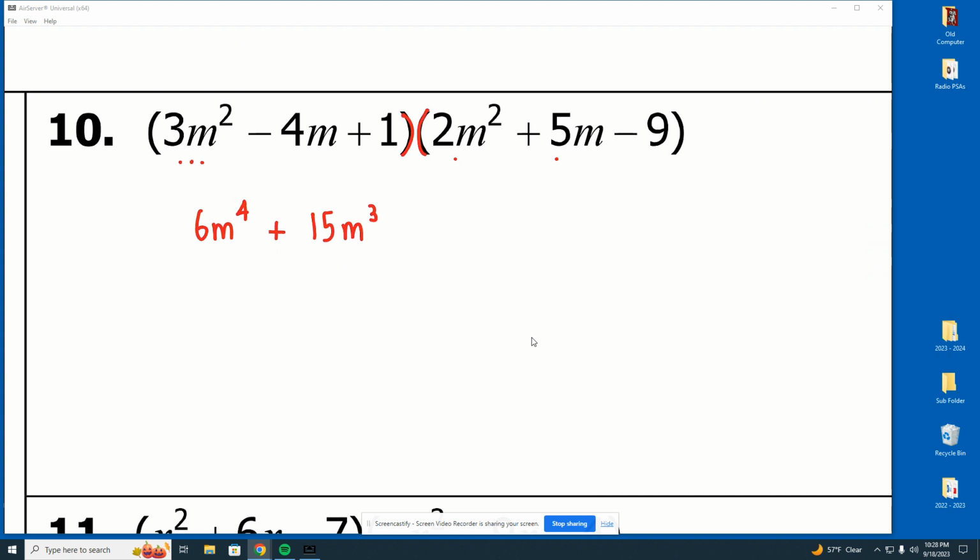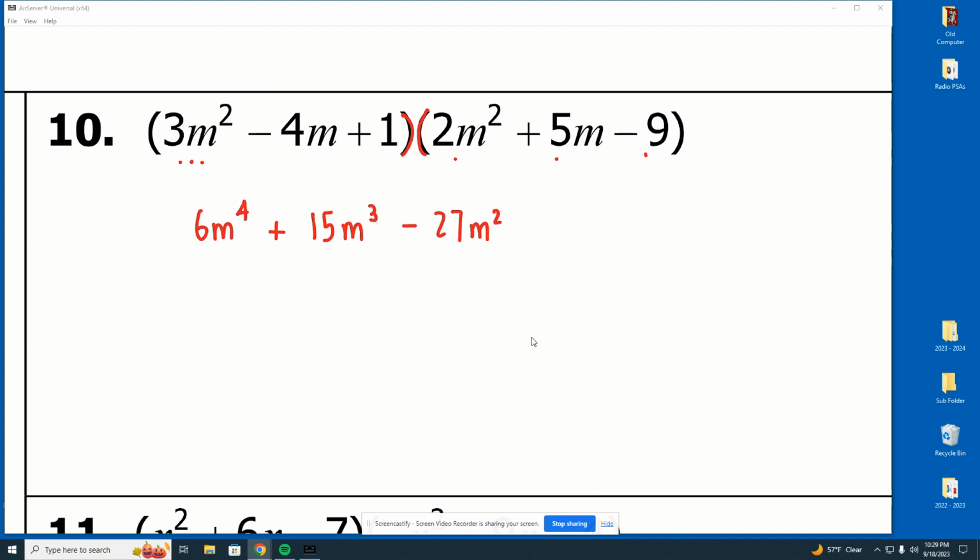Finally, we're going to take 3m squared and multiply it by negative 9. Positive 3 times negative 9 is negative 27, and m squared times no variable is simply m squared. So I have distributed 3m squared to the entire thing.